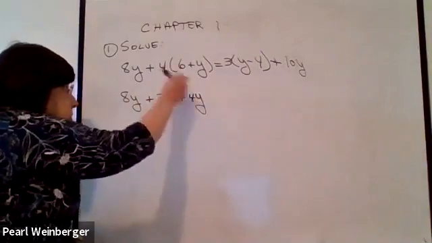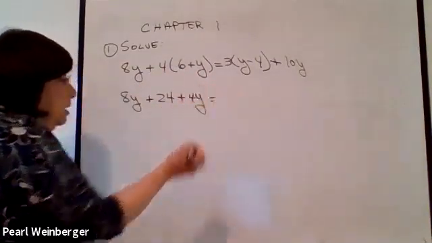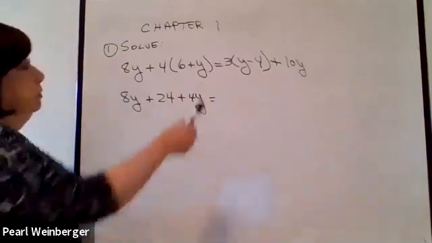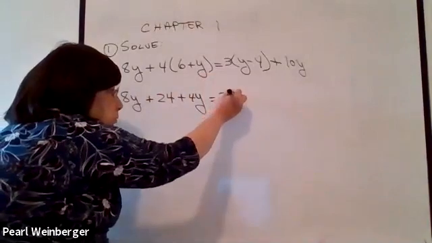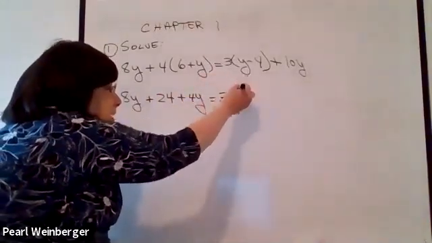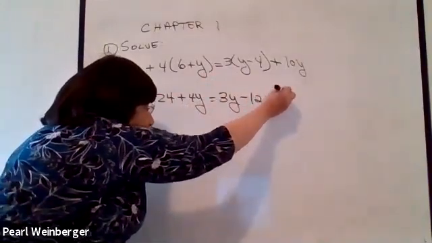Remember, we're distributing the 4 because it's in front of the parentheses. On the other side, we remove the parentheses by distributing the 3. 3 times y is 3y, 3 times -4 is -12, and plus 10y.